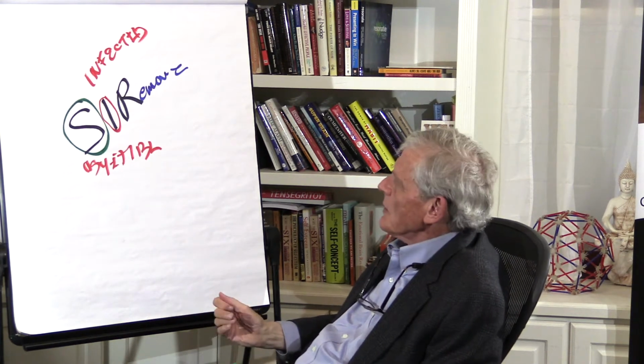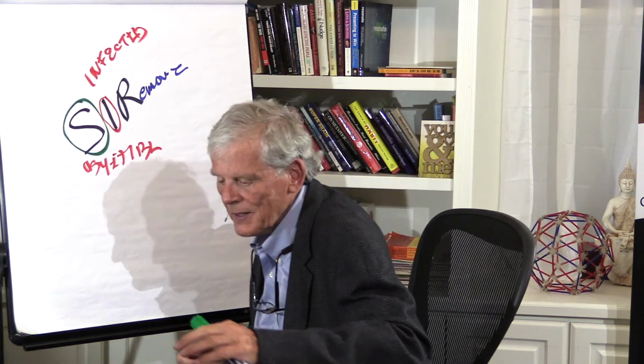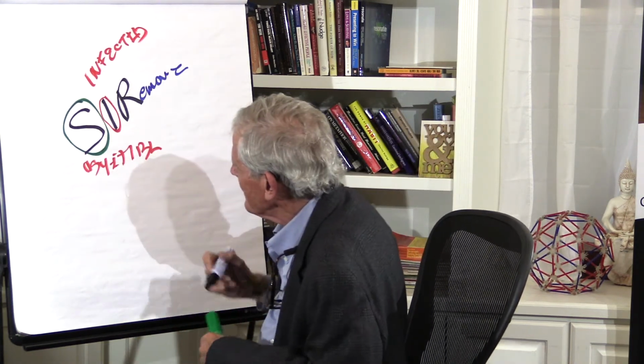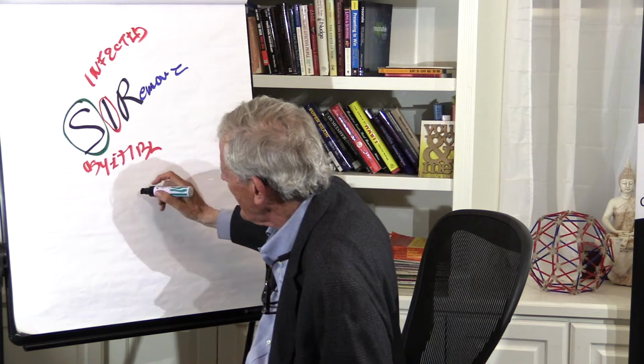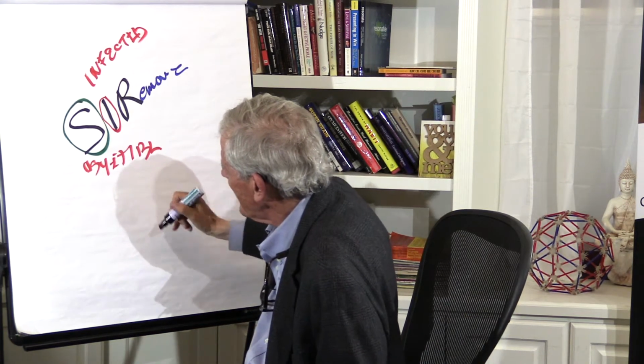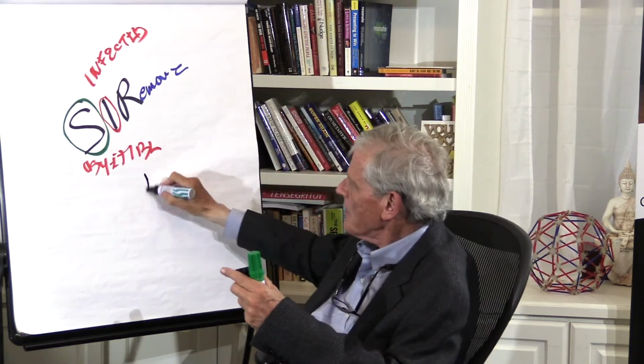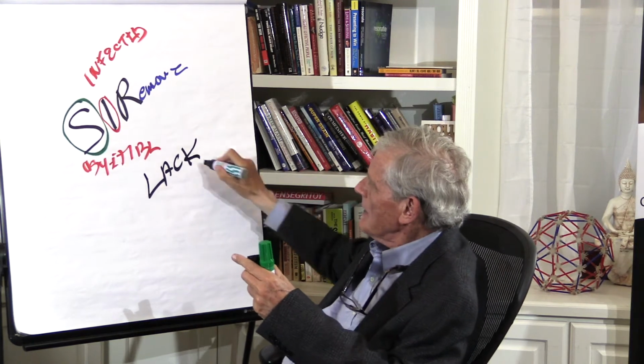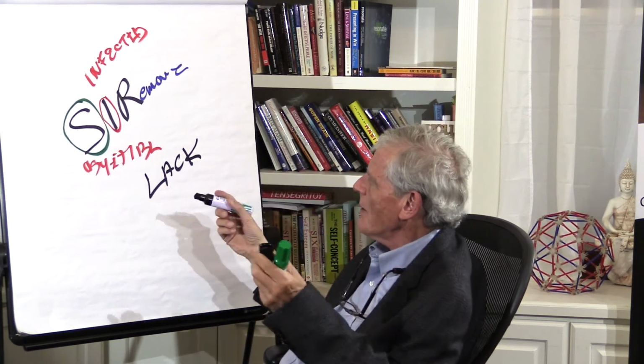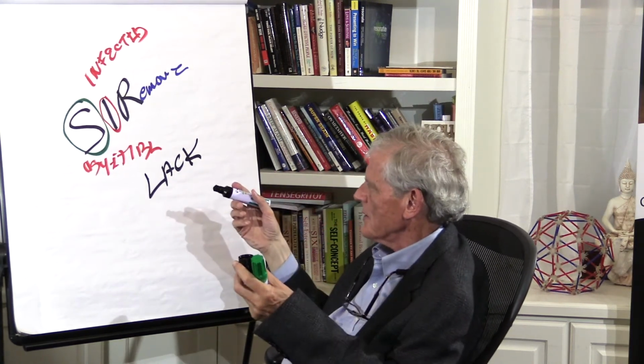So if you look at what's going on in terms of basically every major infected group, they are coming from a space of lack. They're coming from a place of lack. They don't have enough money, they don't have enough power, they don't have enough whatever it is.